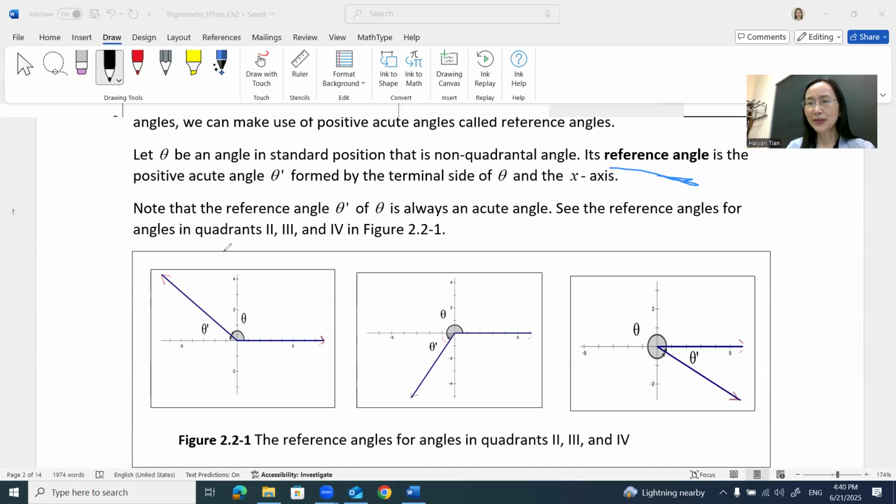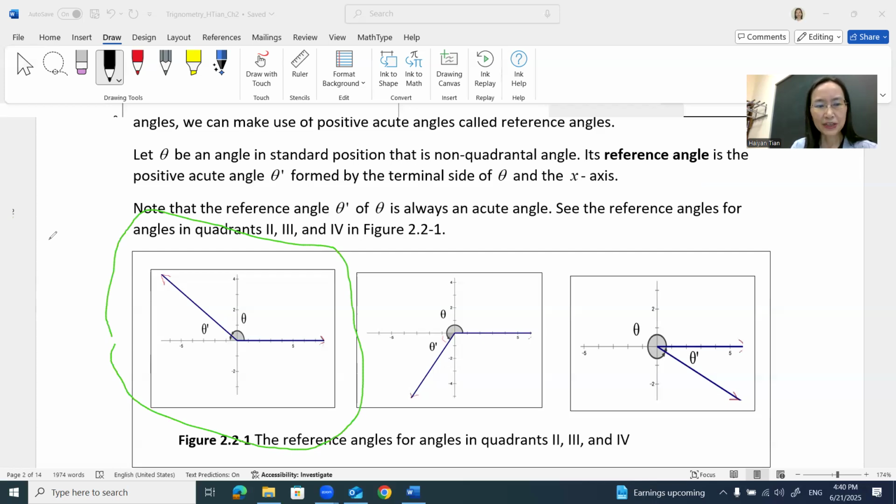It is formed by the terminal side of the given angle and the x-axis. Okay, so that is the definition. So let's use the definition to find the reference angle of some given angles. So the first one, let's look at this. This is an angle in the second quadrant.